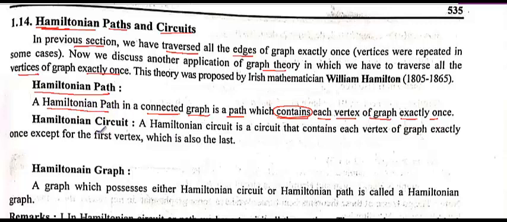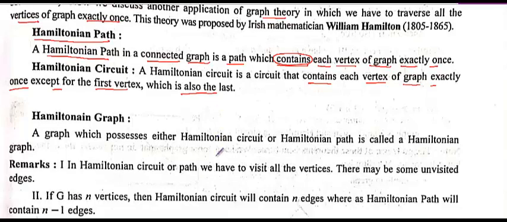Now the Hamiltonian circuit is another situation. A Hamiltonian circuit is a circuit which contains each vertex of a graph exactly once, except for the first vertex, which is also the last vertex. That means from where you have started, you end at the same place.